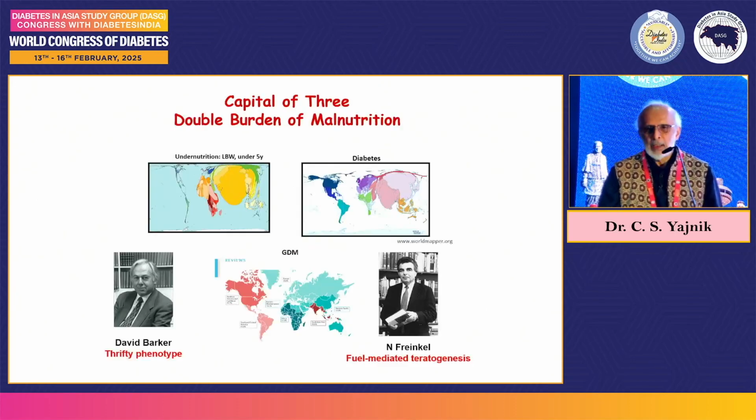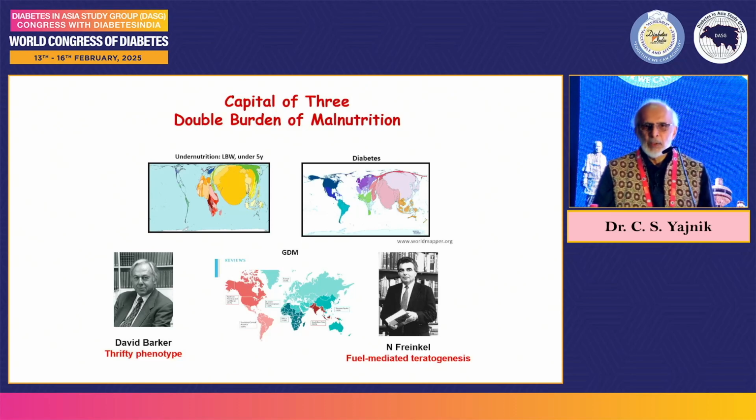And in India now, we are the world's capital of low birth weight babies. We are also claiming to be the world capital of diabetes, whatever that means. And because diabetes happens at a younger age, we diagnose it in pregnancy and call it GDM. And we are the world's capital of GDM also.